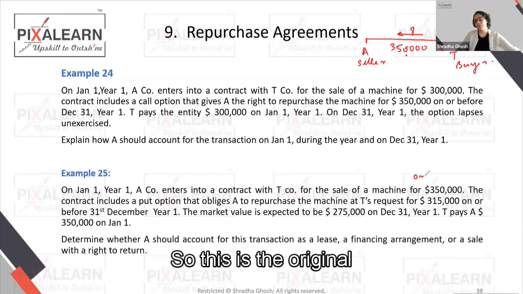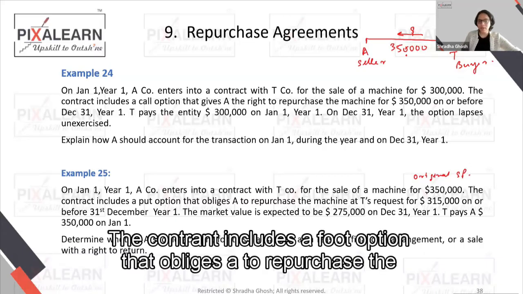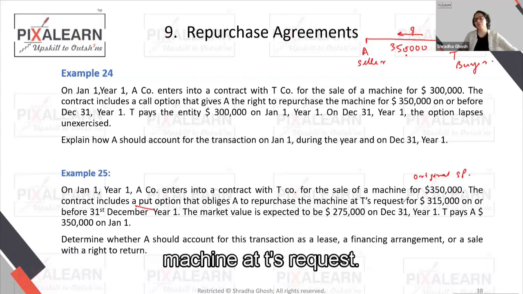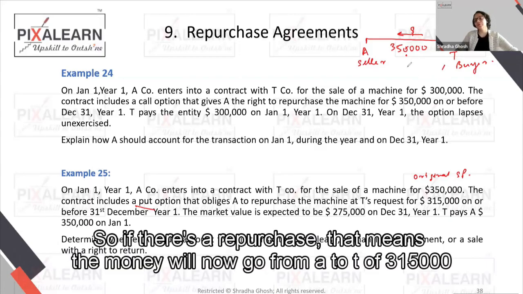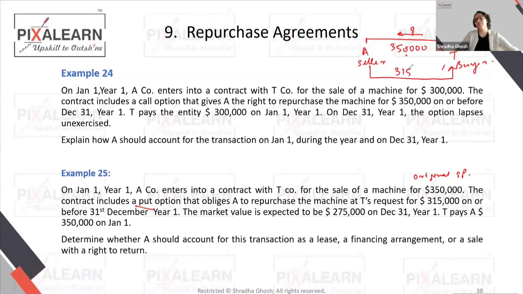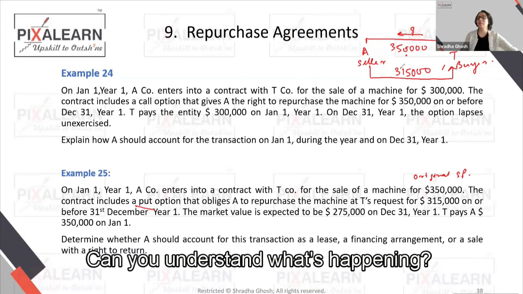So this is the original selling price. The contract includes a put option that obliges A to repurchase the machine at T's request. So if there's a repurchase, that means the money will now go from A to T of $315,000. Can you understand what's happening?